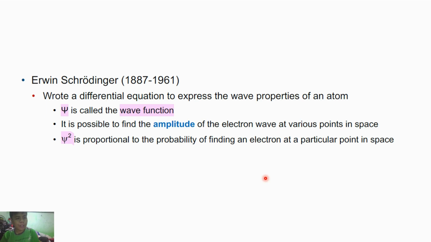And fun fact, Erwin Schrödinger is actually a student of Niels Bohr's. It is very ironic that his student disproved his theory of the planetary model. But it's actually flattering to Niels Bohr too, because in that sense, he was a good teacher to Erwin Schrödinger.